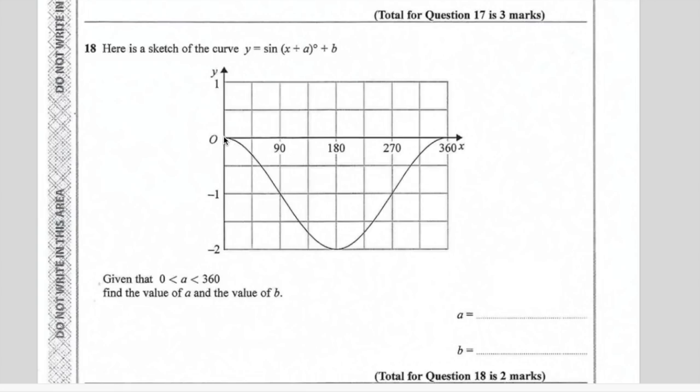So typically a sine wave will start at 0, go up to 90, down to 180, down to -1, and then up to 360. And obviously they've moved the wave a little bit, and you have to figure out how the values of a and b affect that wave. But as I said, that could come up in a non-calculator paper as well.